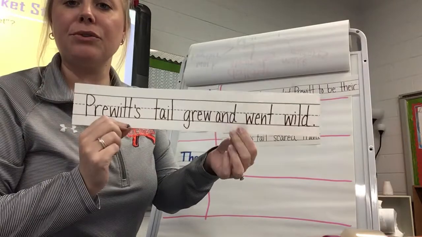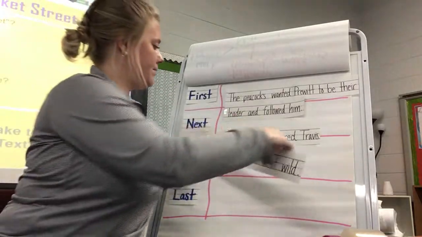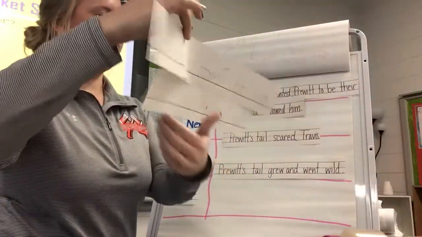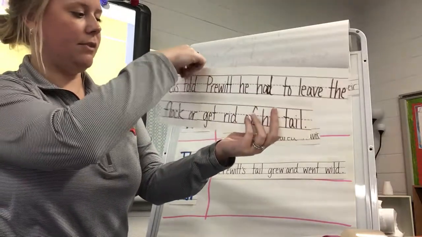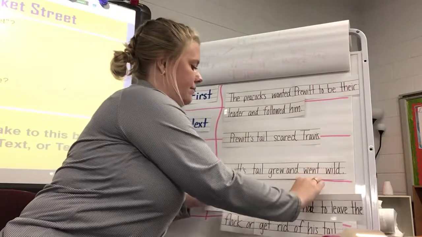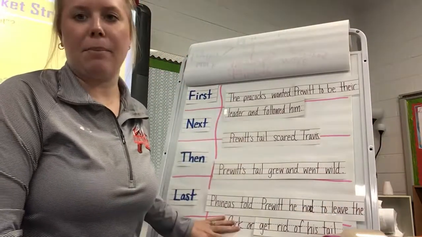Prewitt's tail grew and went wild. And our last event, Phineas told Prewitt he had to leave the flock or get rid of his tail. Okay, so there's 4 events that happened in the story.